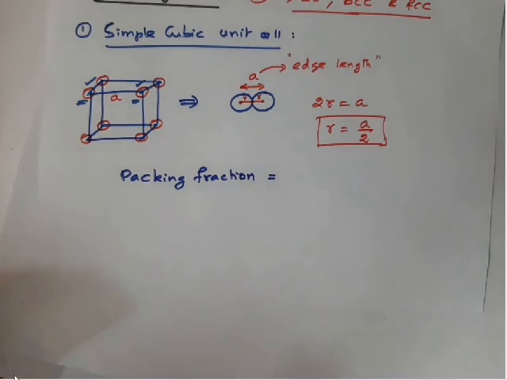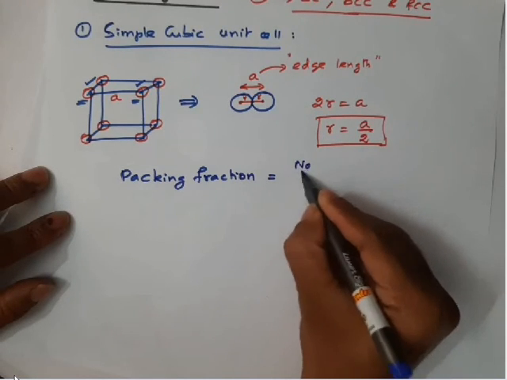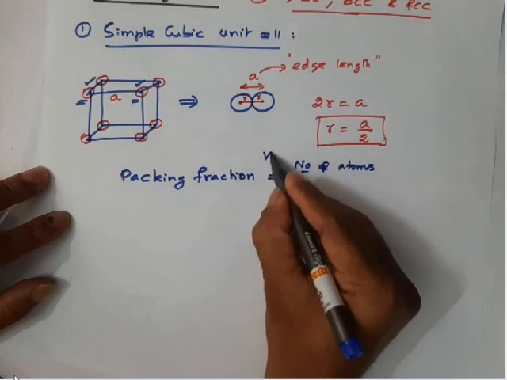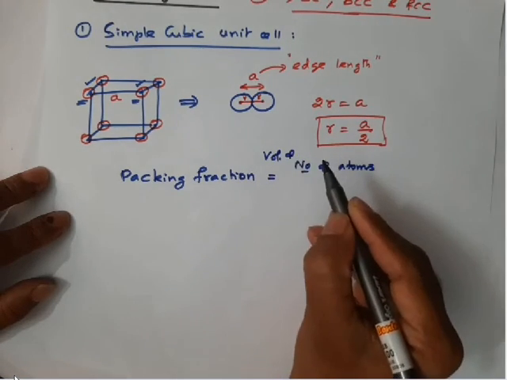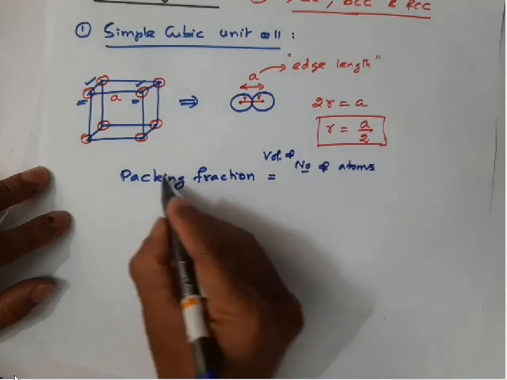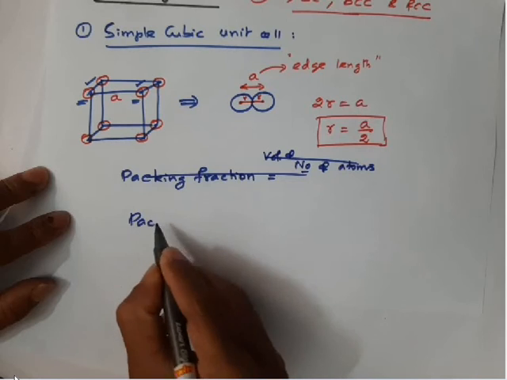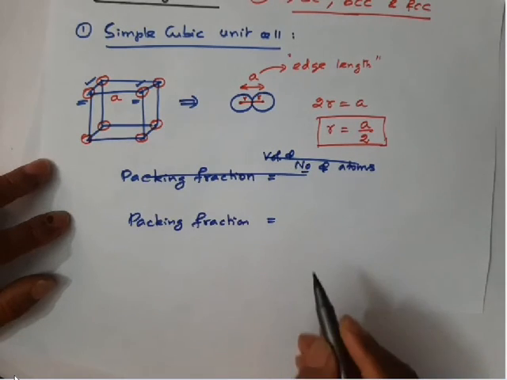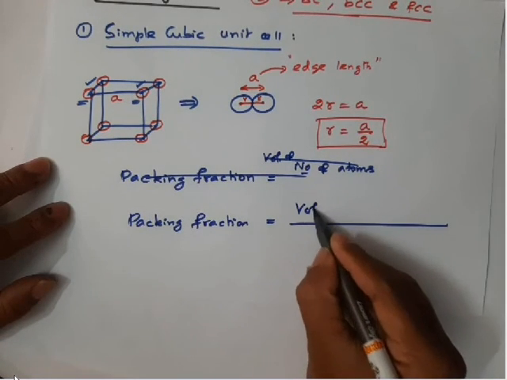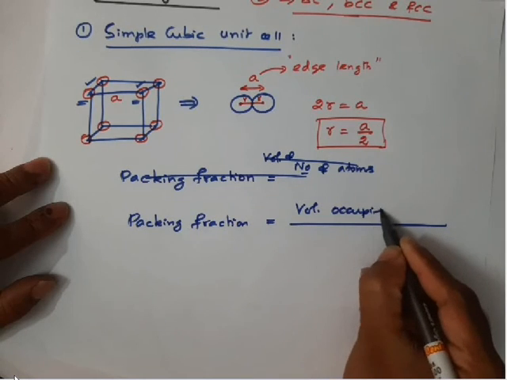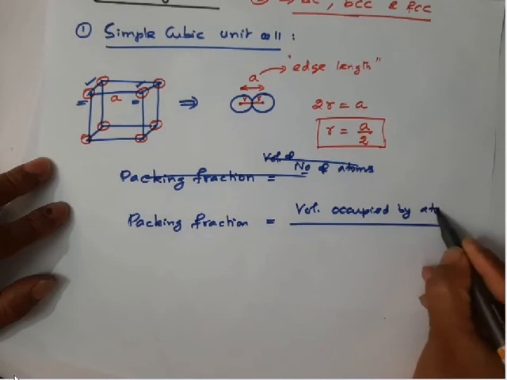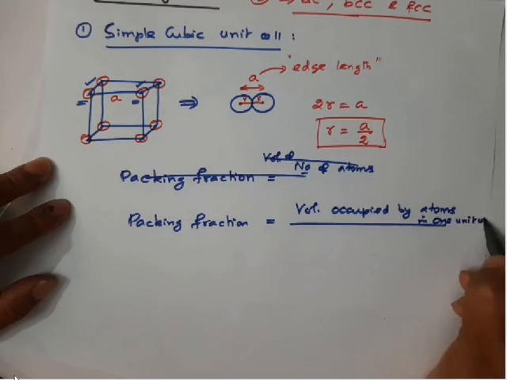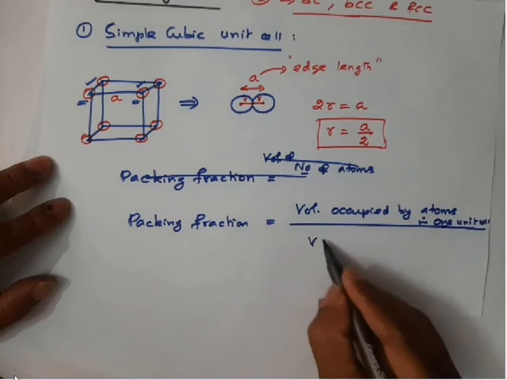Packing fraction of a unit cell is nothing but, let me write here, packing fraction is equal to volume occupied by atoms in one unit cell divided by volume of the unit cell.